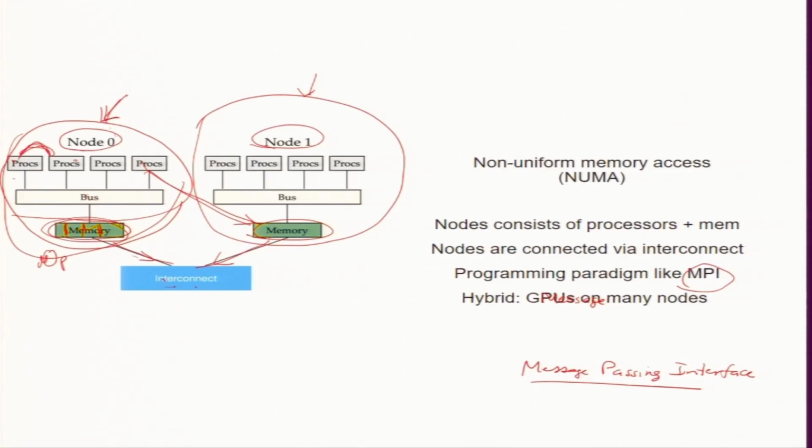But there is one called the hybrid method. What is the hybrid method? Within this node, I do OpenMP. I need to get a sum, so I can say, let the memory be shared, I will do a local sum within the node. This node also I do OpenMP, but then we have MPI for sending data from here to there. This is called hybrid, a mixing of OpenMP and MPI.